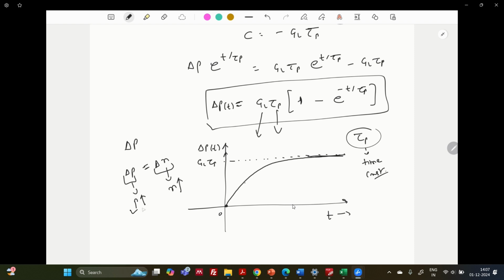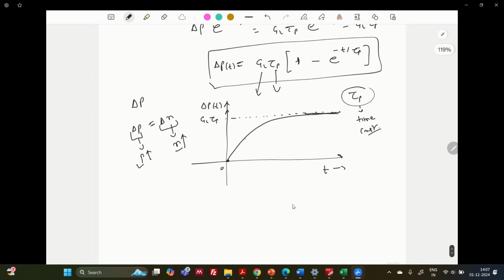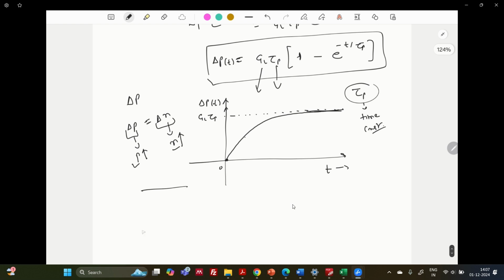So when you increase the electron and hole concentration, what happens? You now have more electrons and holes to recombine also. Because recombination rate, if you remember, is proportional to n times p. So you keep generating more electrons, but recombination will also start to increase, and after some time, this is your steady state.